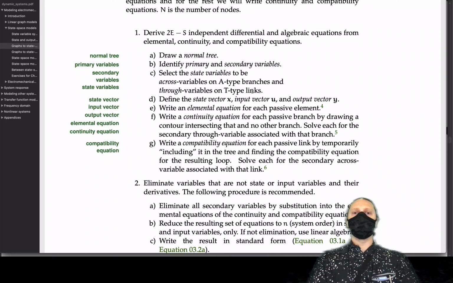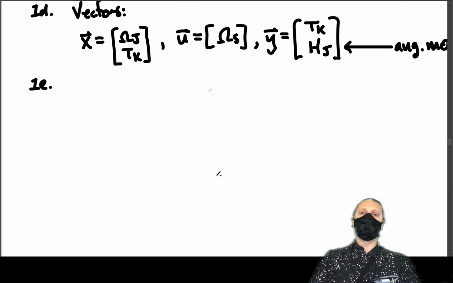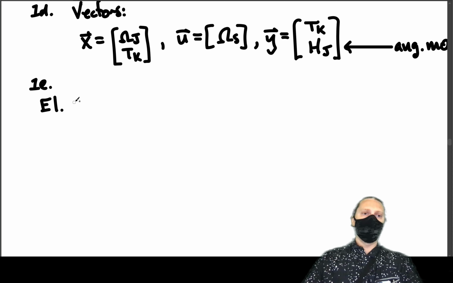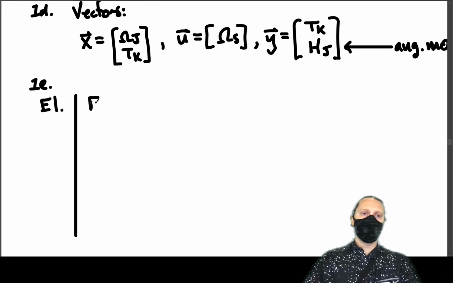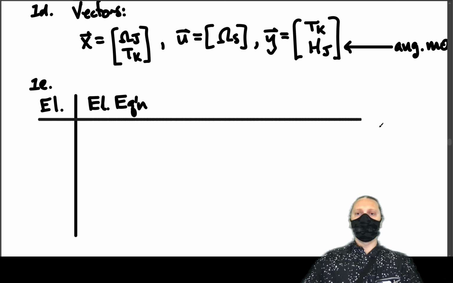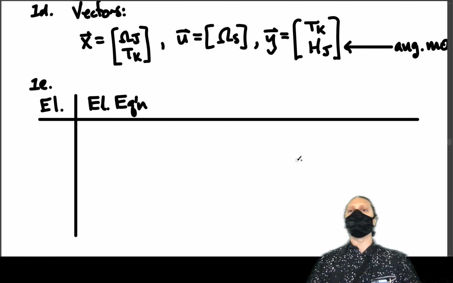Elemental equations are the same. So we write an elemental equation for each passive branch. We're going to set this up in a bit of a tabular form here. So we're going to say the element. We're going to say the elemental equation.